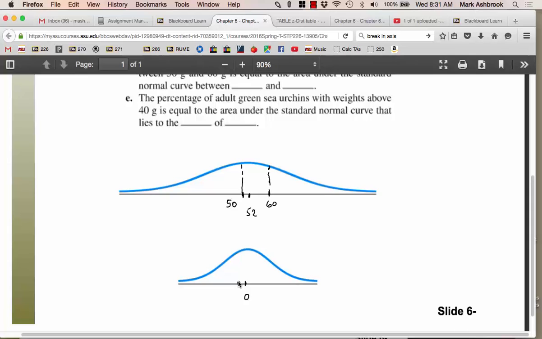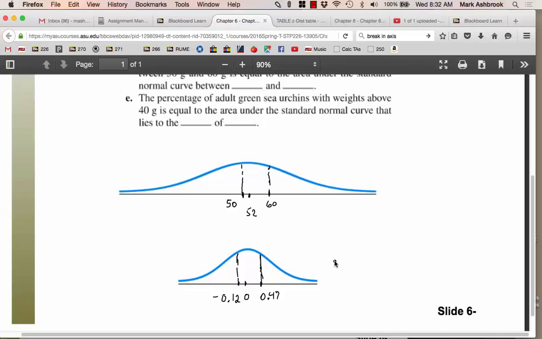Or wait, so less than 60. So this is the amount of sea urchins that weigh less than 60. Negative 0.12 and 0.47. We would have to subtract the 51 from 1. No, this is what you could do. I'm trying to make this way more complicated than it really is.